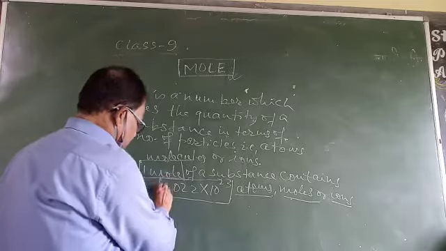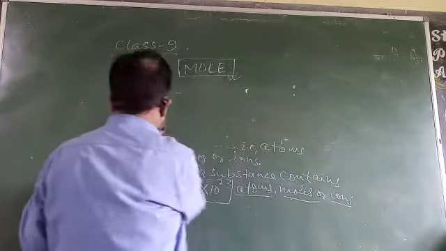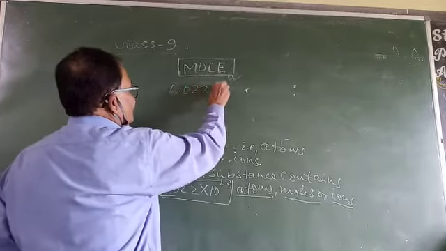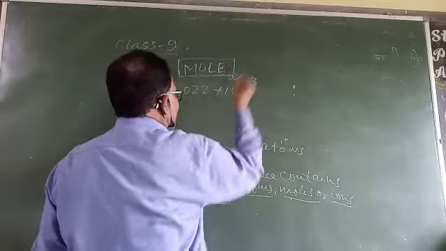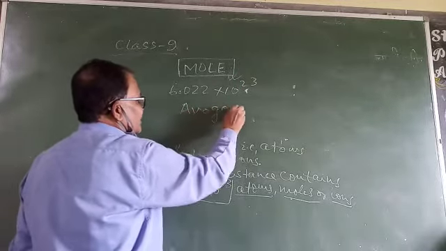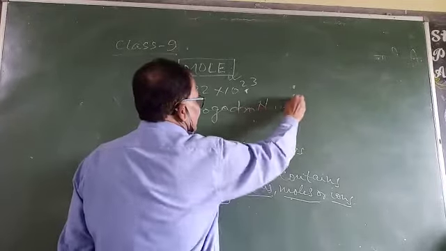This number, 6.022 into 10 to the power 23, is called Avogadro number.